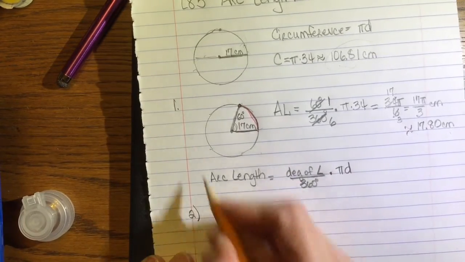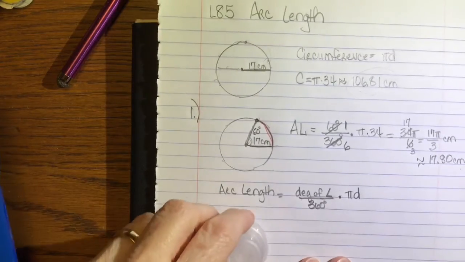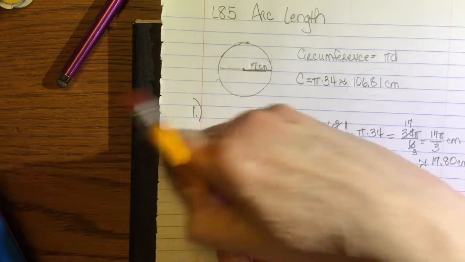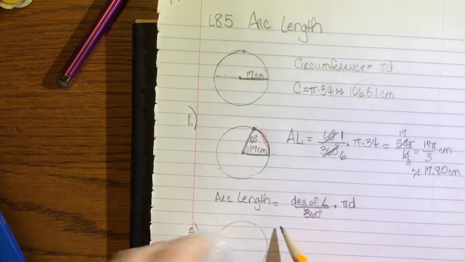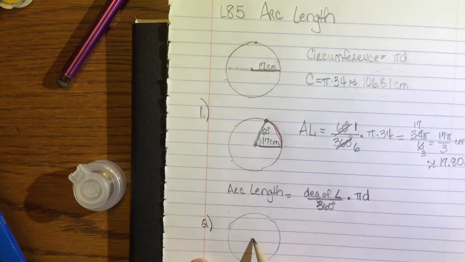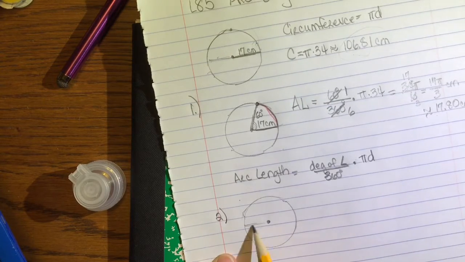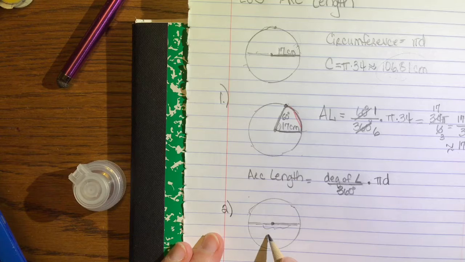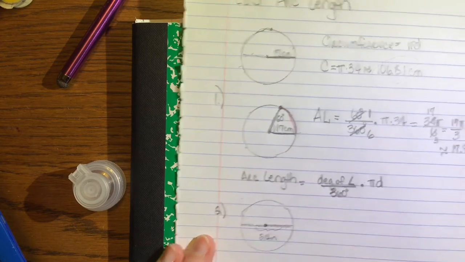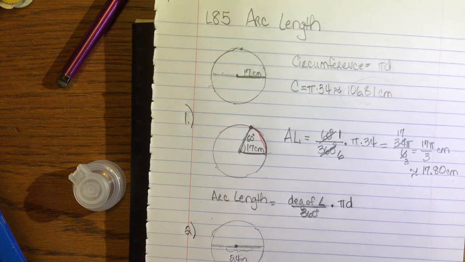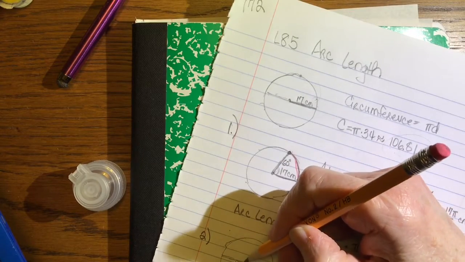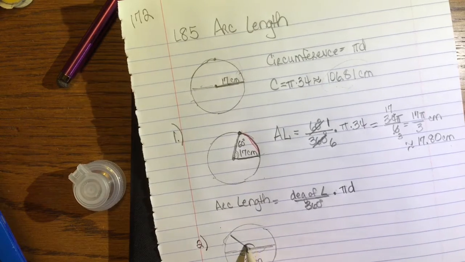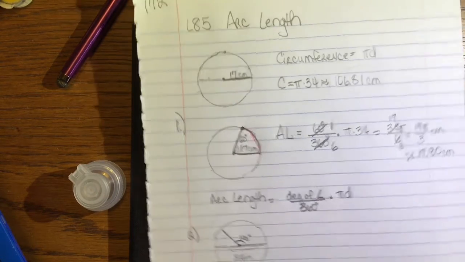Number 2. Let's do our circle. This time I'm going to give a diameter. I didn't get a very good circle here, but it'll work. And we're going to draw a diameter of, let's say our diameter is 24 inches. And we're going to make our angle 120 degrees.